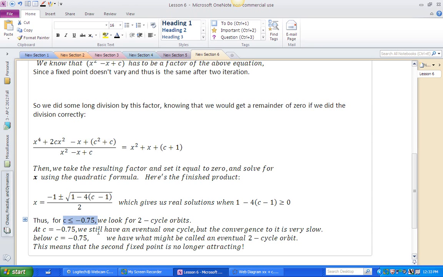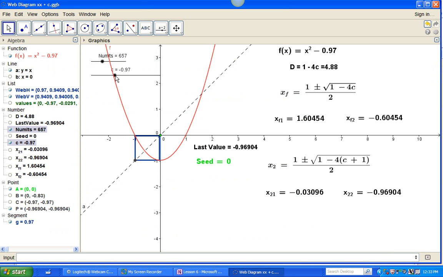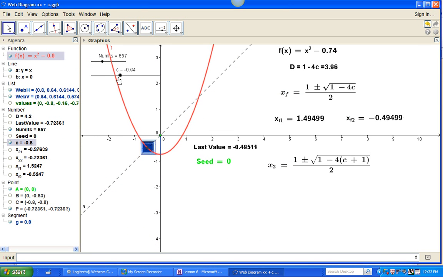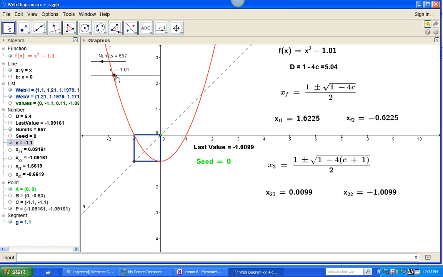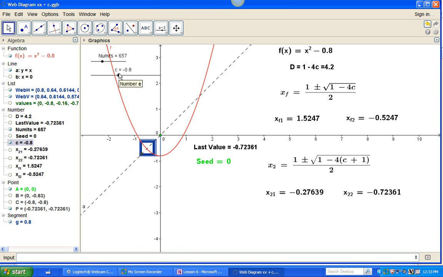Right now, the way we're doing it with our web diagram, we change the value of C and see what happens. Instead of changing the value of C and looking at specific values, I want to show you a way we can look at every value of C that's important and see the results all in one picture. That's going to be our goal for next time.